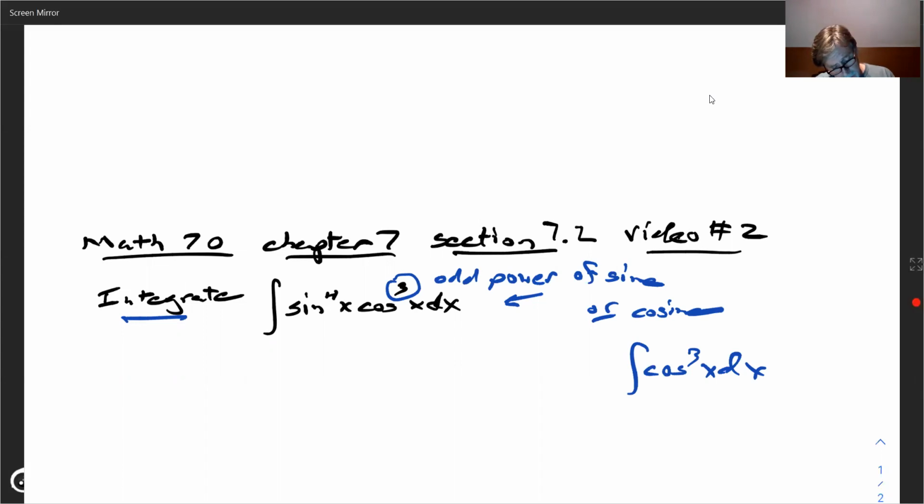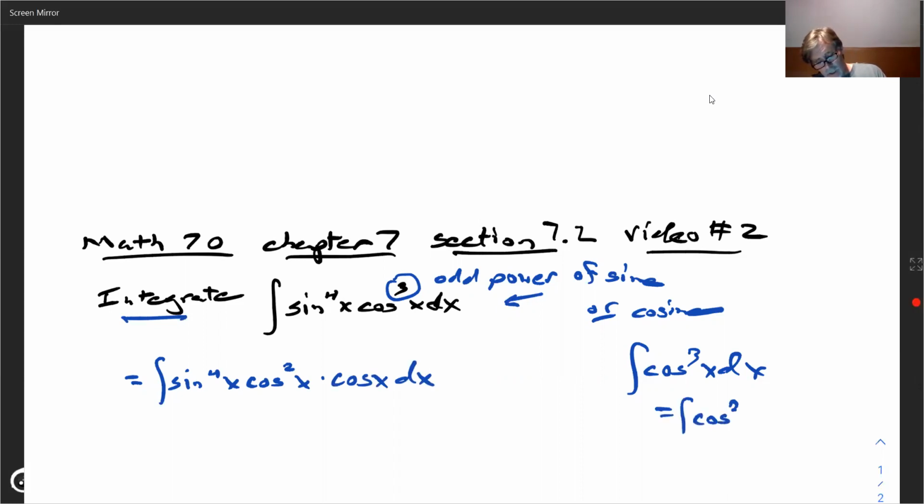Let's look at this guy. We're going to rewrite it as sine to the 4th and then cosine squared, because I'm going to peel off a cosine. And you could have done it over here the same, cosine squared and then a cosine as well. It doesn't have to be sines and cosines. Anyway, I'll stop working on that one, but let's look at this thing here.